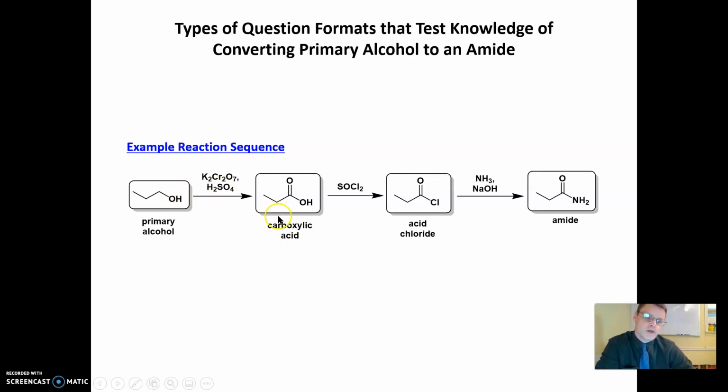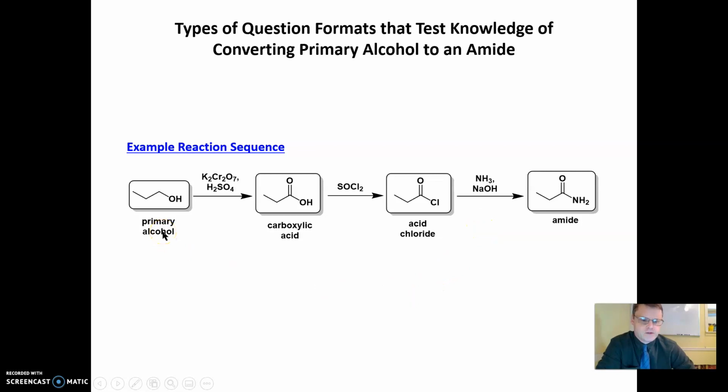We also know that we can get from the carboxylic acid to the acid chloride using thionyl chloride. And then lastly, we can do a conversion of an acid chloride to an amide using ammonia. We could either use sodium hydroxide or pyridine, or we could use a second equivalent of ammonia. So this is something we learned more recently.